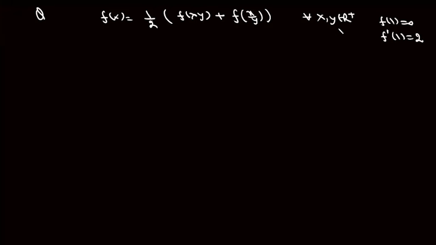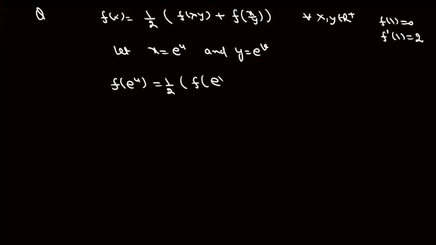Now since x and y are both positive, we let x as e to the power u and y as e to the power v. So we can write f(e^u) will be 1 by 2 [f(e^(u+v)) + f(e^(u-v))].